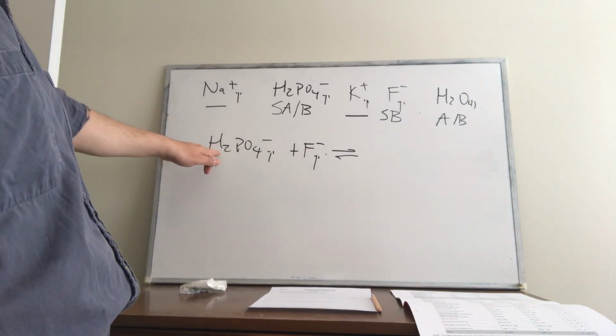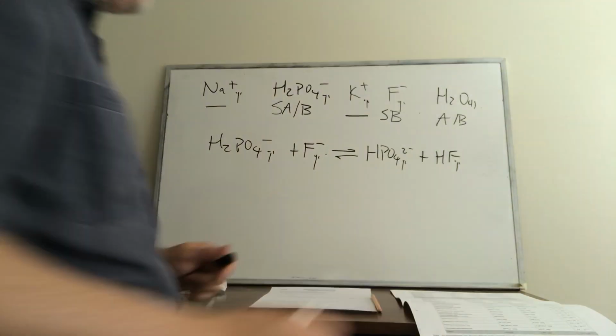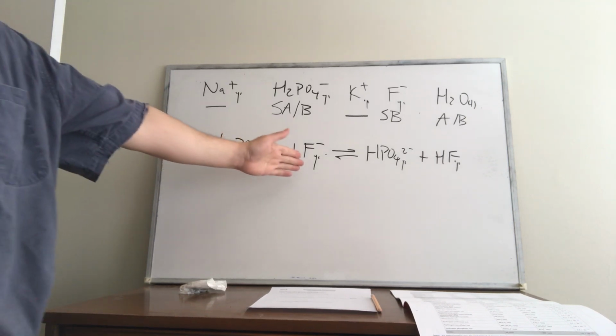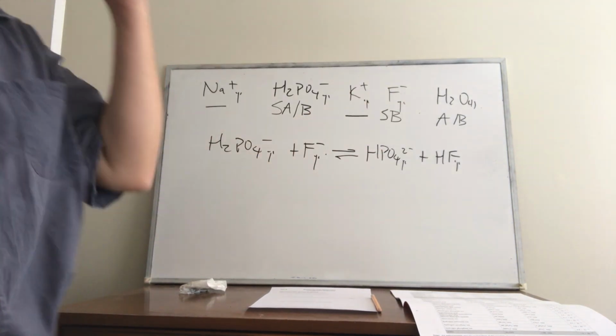So let's go do that. We take 1 proton off, that gives us HPO4 2-, and the F-, when he gains a proton, he becomes HF aqueous. Okay, so strongest acid donated 1 proton to strongest base, and those are our products.